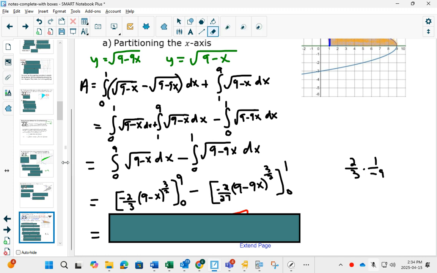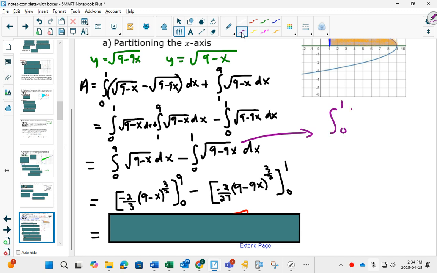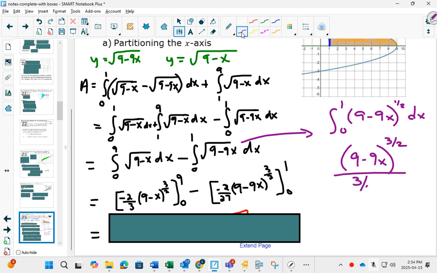Probably, if I were you showing my work, I'll do this one right here, and I'll do this one in purple. I would probably have done this first because I like to see the half. Then I would have added 1 to the exponent and divided by that.